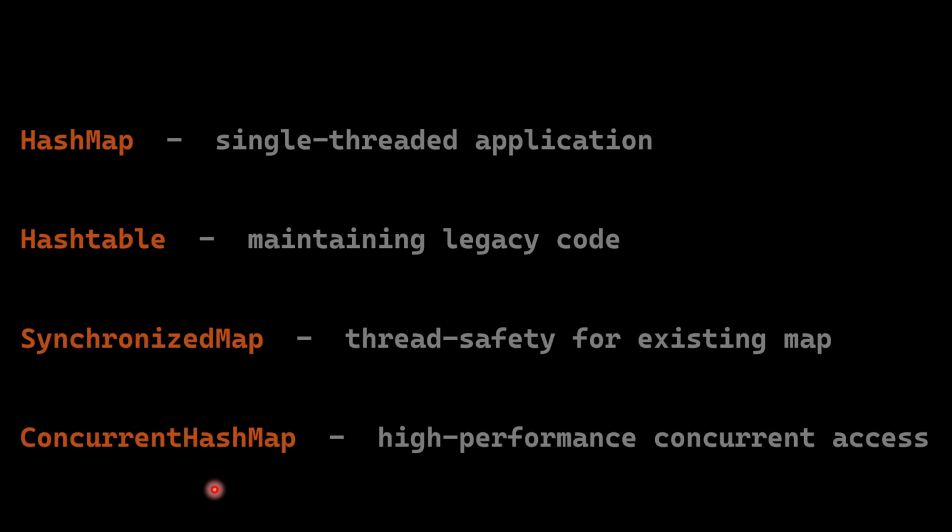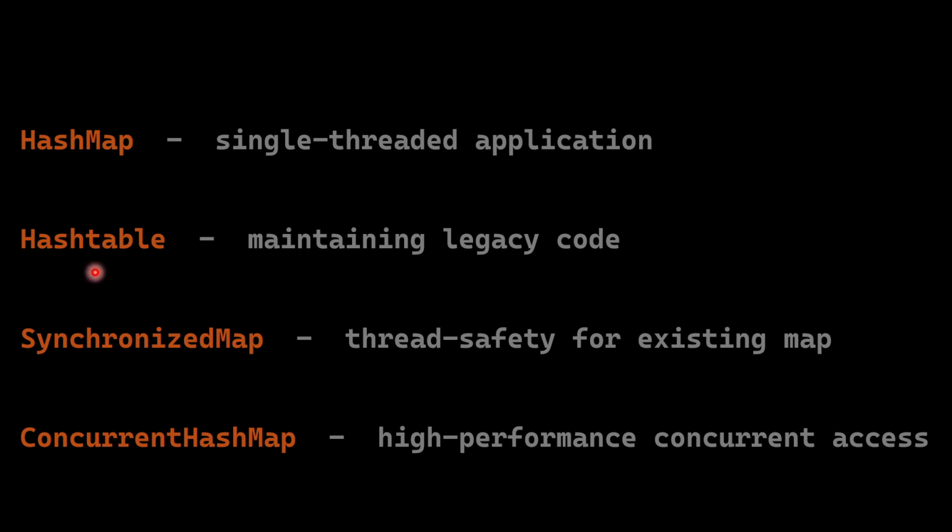And finally, let's review key takeaways. Each map implementation serves specific needs in the Java ecosystem. HashMap provides maximum performance for single-threaded access.